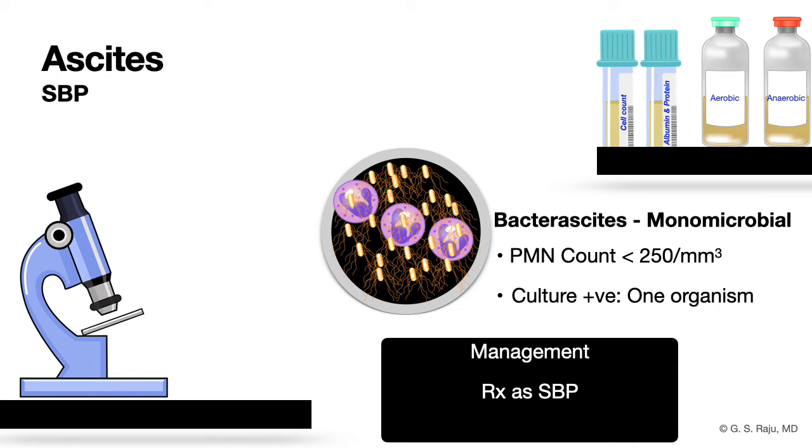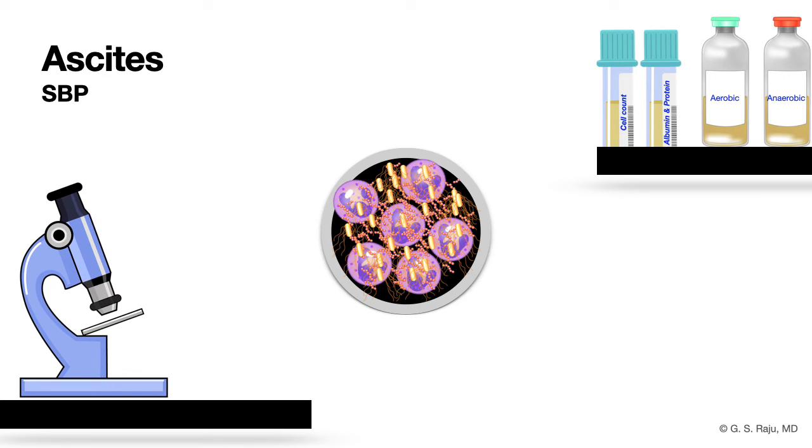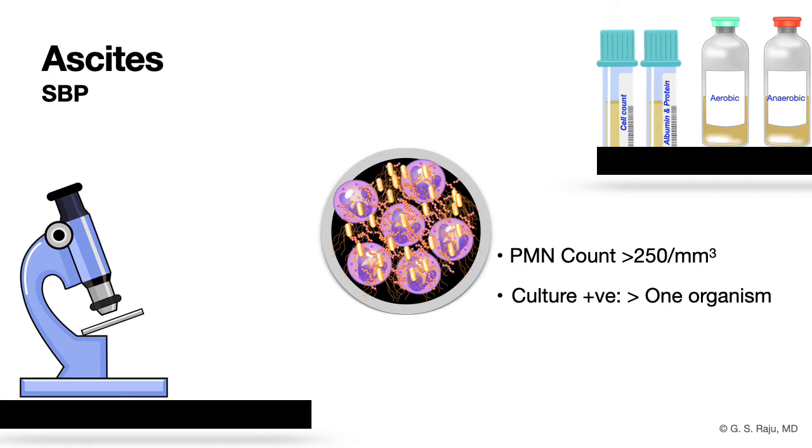So the next thing is you have here not one microorganism. As you can see in the slide, there are gram-positive, gram-negative, and different cocci, bacilli, and you have lots of polys, increased polys, and culture is positive, but multiple organisms.